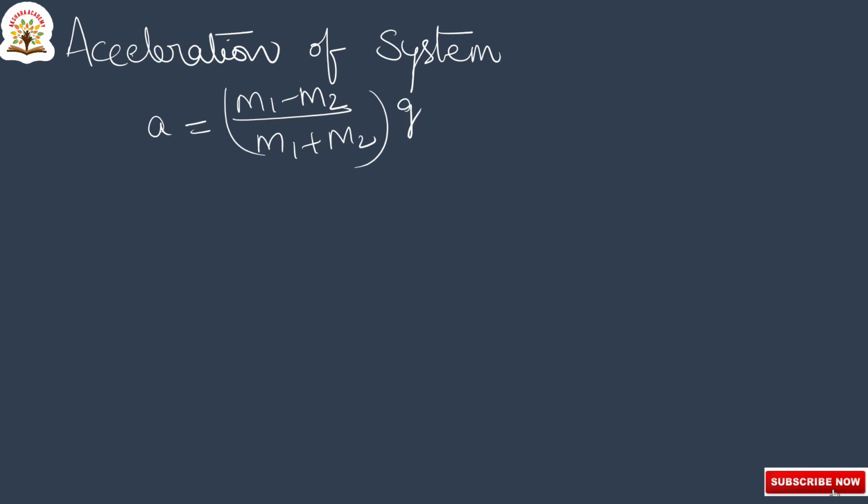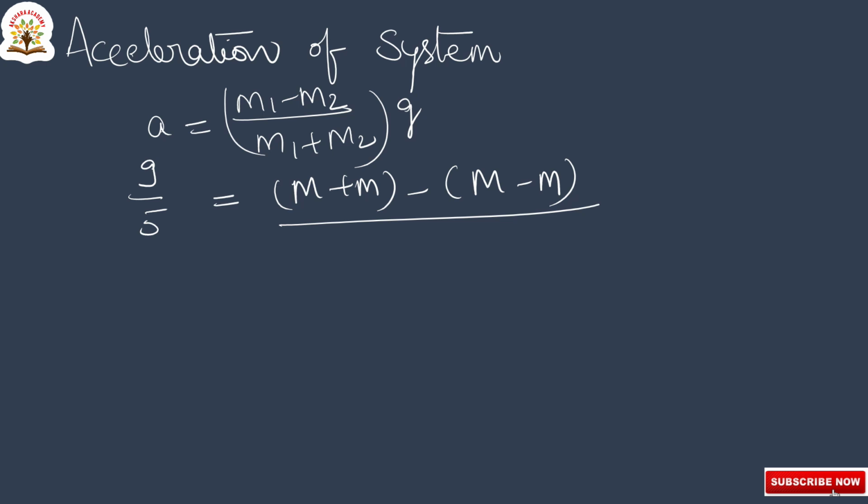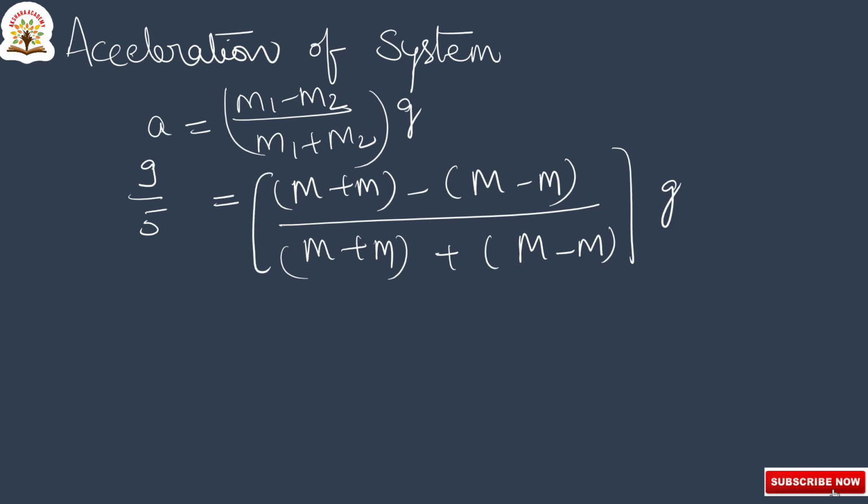So given A is equal to g by 5, that is equal to, now substituting m1 as M plus m, and m2 as M minus m: (M plus m minus M plus m) by (M plus m plus M minus m) of g. g gets cancelled, and 1/5 is equal to, here M and minus M get cancelled, the remaining is 2m, and in the denominator plus m and minus m cancel, the remaining is 2M.